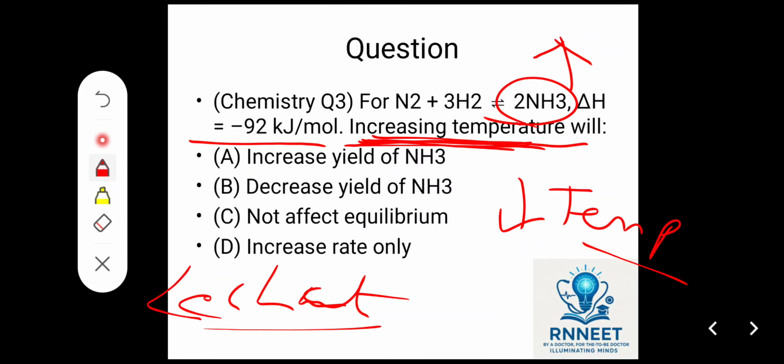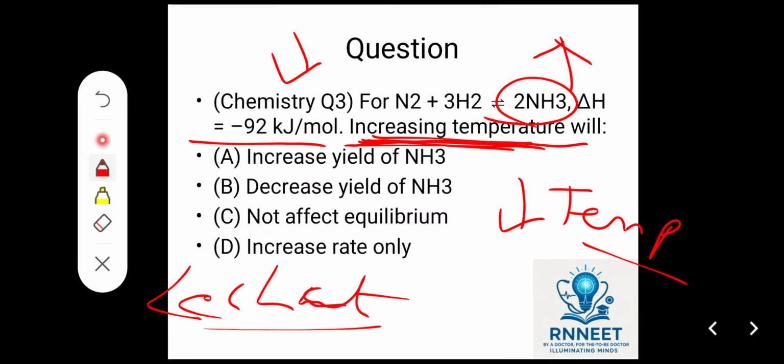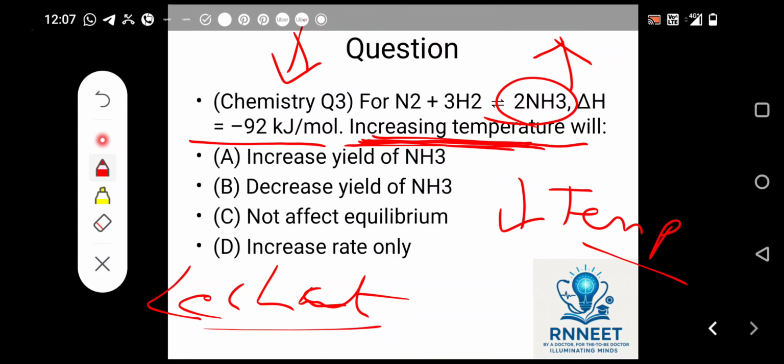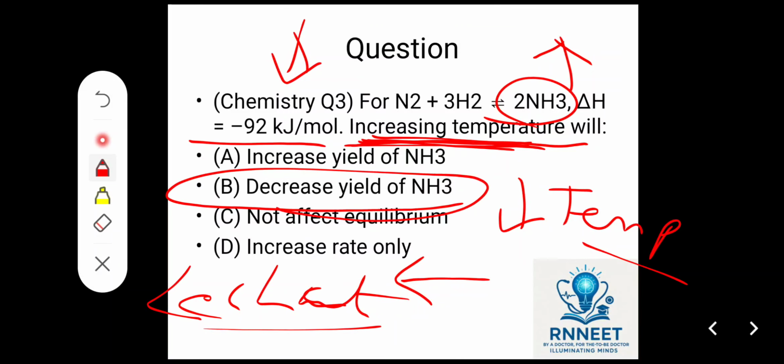So the reaction will move towards the side which creates a decrease in temperature. Towards the products is an increase in temperature, towards the reactants is a decrease in temperature. Therefore it is going to go towards the reactants, which means less NH3 is formed. So it is going to decrease the yield of NH3.